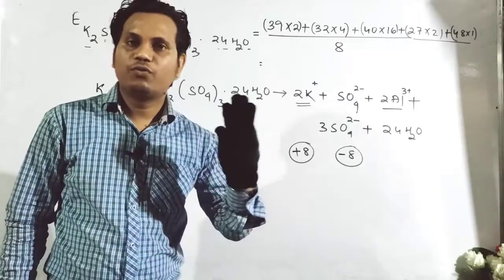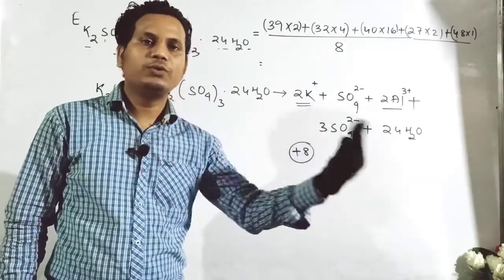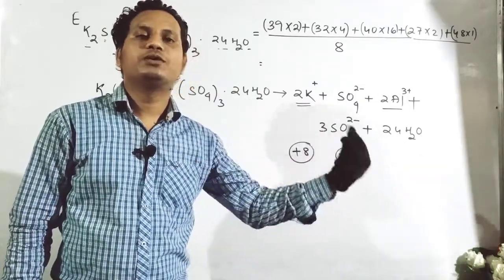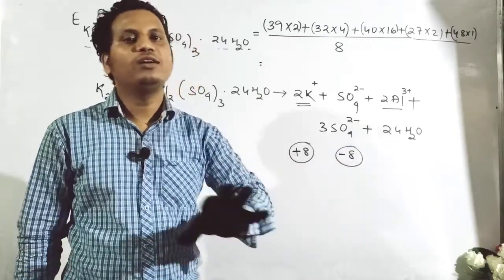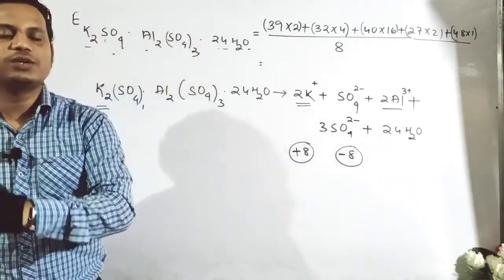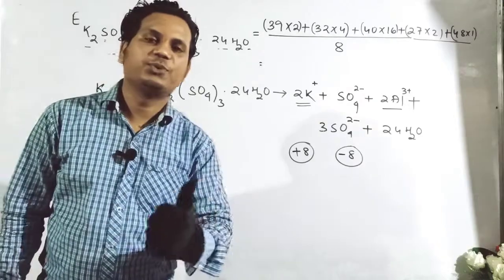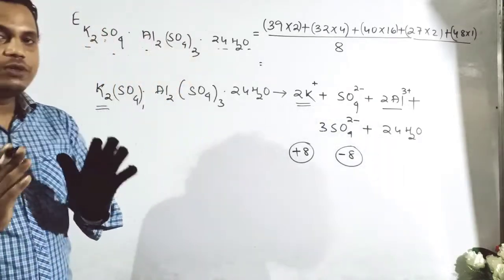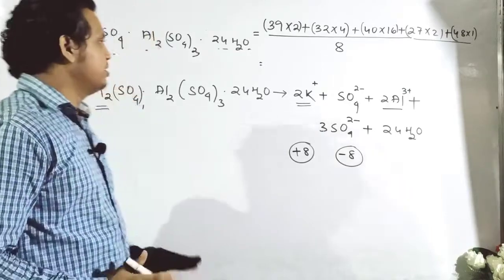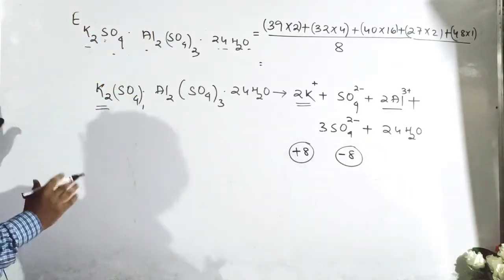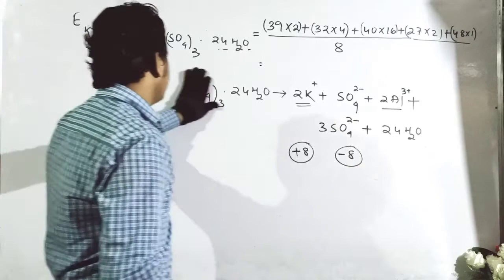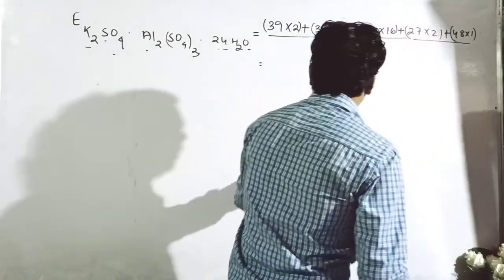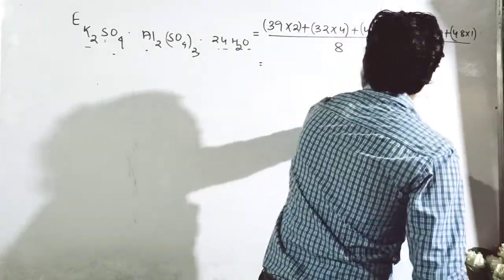Formula mass of the compound by total number of positive charge or negative charge. Any one you can write, because both are same. Third, we will proceed to equivalent mass for ions. If an ion is present, how can we find its equivalent mass?